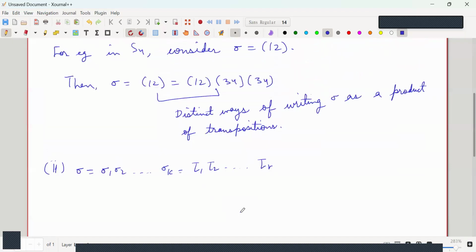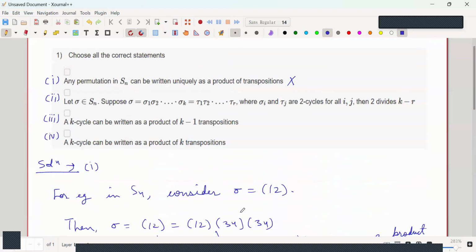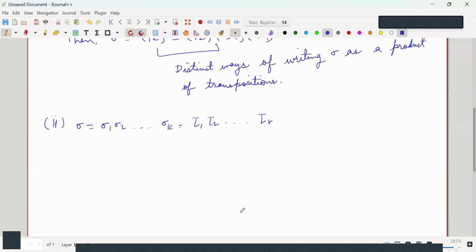So you are given that sigma i and tau j are two cycles, right?